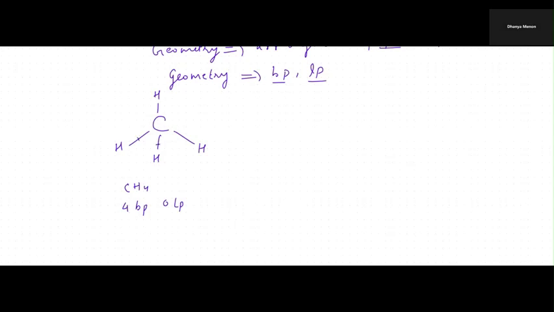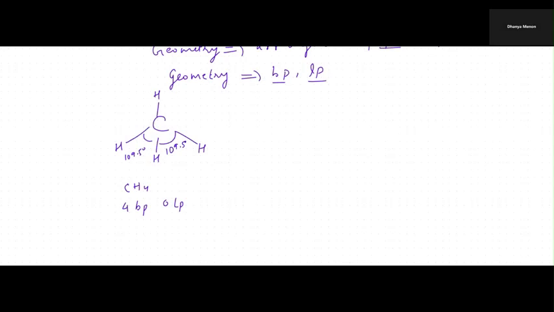These are the 4 bond pairs. There's no lone pair, right? And we also saw in the last video that the bond angle is 109.5 degrees, right? All the bond angles in methane are 109.5 degrees. This is in case of methane.